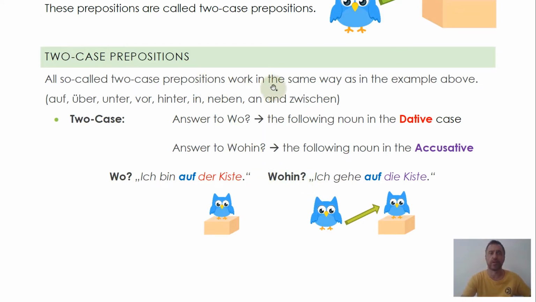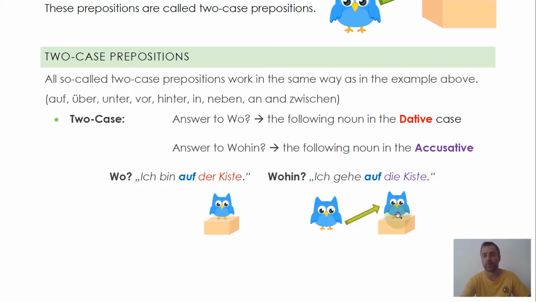The so-called two-case prepositions work exactly like the example here above. In the moment we are talking about the position, so when we answer the question wo, we use dative case. But in the moment we answer the question wohin, so if it's a movement from A to B, then we use the accusative case. So ich bin auf der Kiste, I'm on the box, or ich gehe auf die Kiste, I go onto the box.